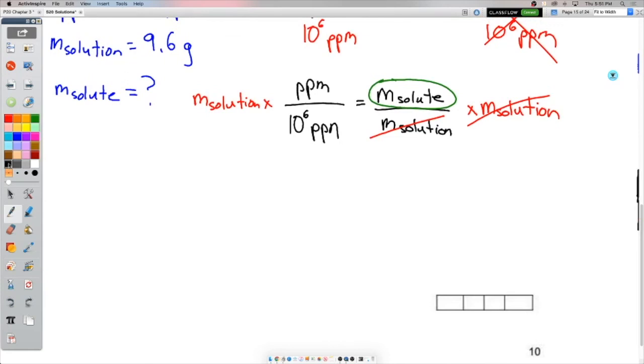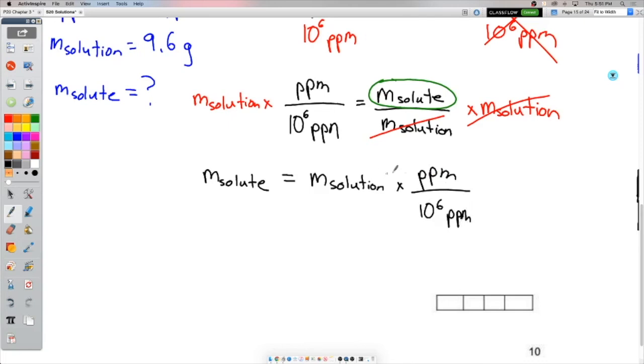Well, let's just write down what I got. Forgive me, I'm just going to flip sides of the equation. I'm allowed to do that. So I'm just rewriting it so that this is now on the left side, because I know where this is going. M solute equals M solution times my concentration in parts per million over 10 to the 6 ppm.